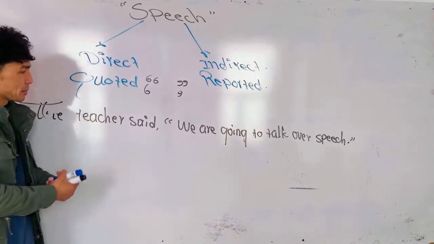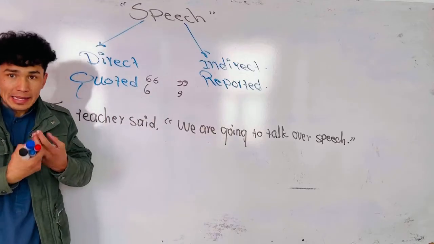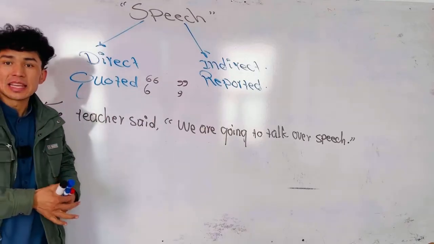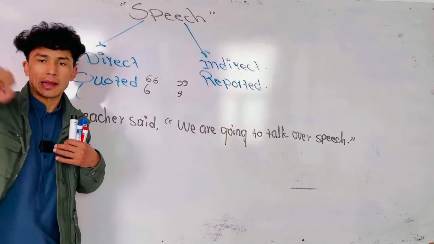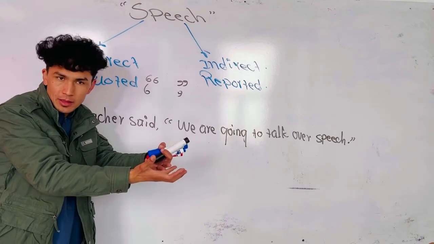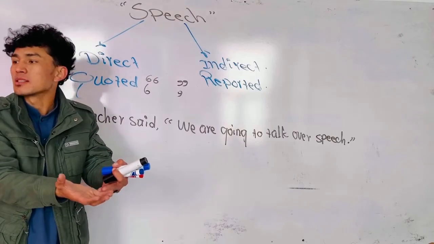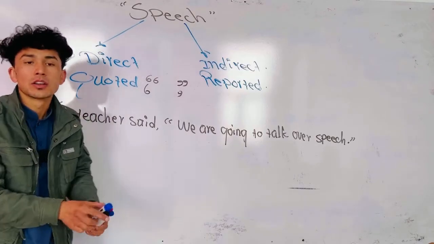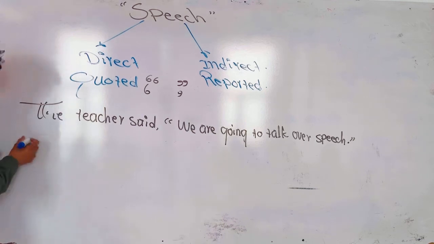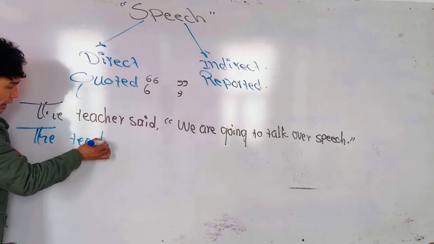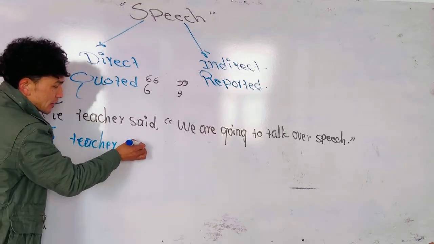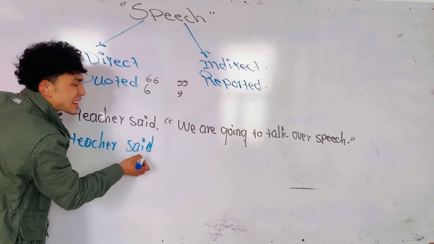So, now it is called direct or quoted speech, and the indirect or reported way. When you, for example, bring my speech and examine it by yourself, then report it to somebody else, you change the way I said, but the meaning is not changed. So, with a blue marker, look. For example, okay, the teacher said that.